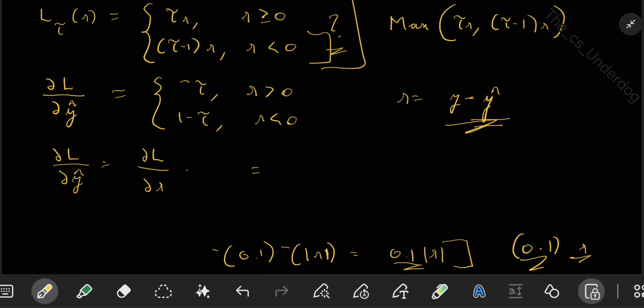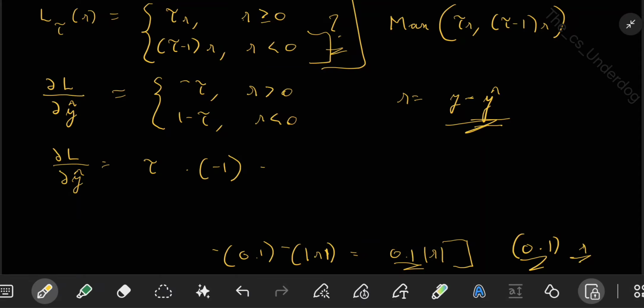So this part will be minus 1. What about del L by del R? L is tau into R. If I differentiate with respect to R, I will get tau. So this will be tau into minus 1, which will be minus tau. This is what I got here. Similarly, with the same logic, you will get minus of tau minus 1, which is 1 minus tau. That is here. So that is how I found the derivative.